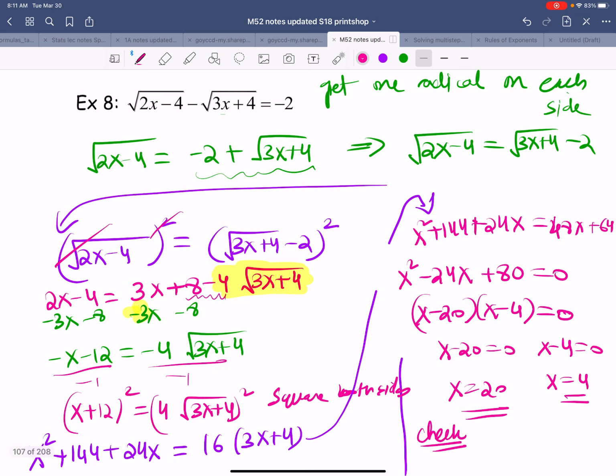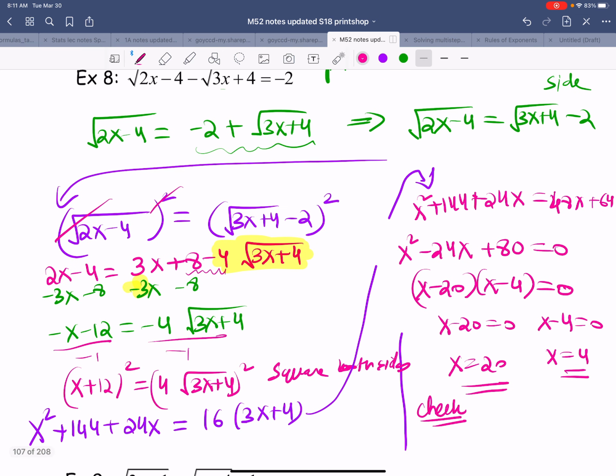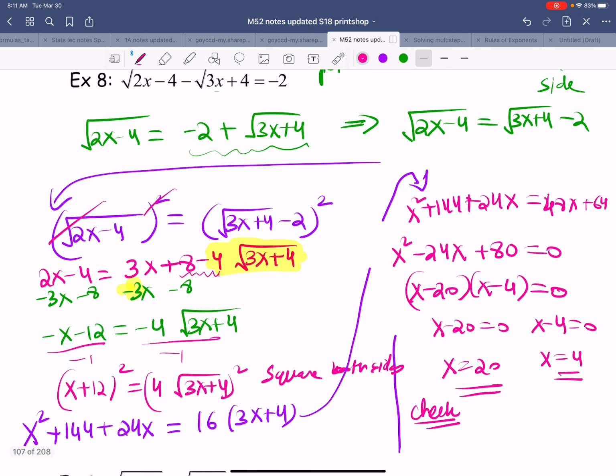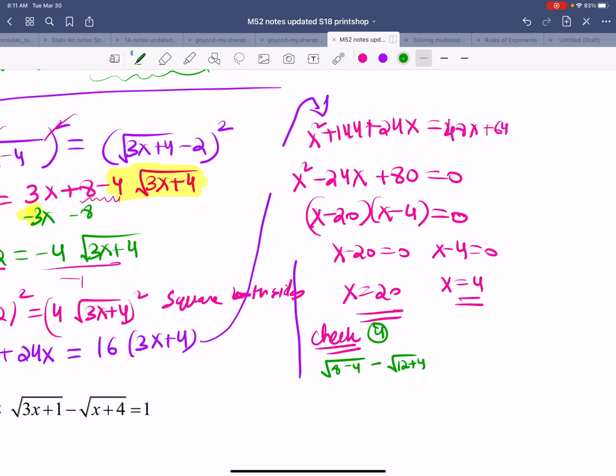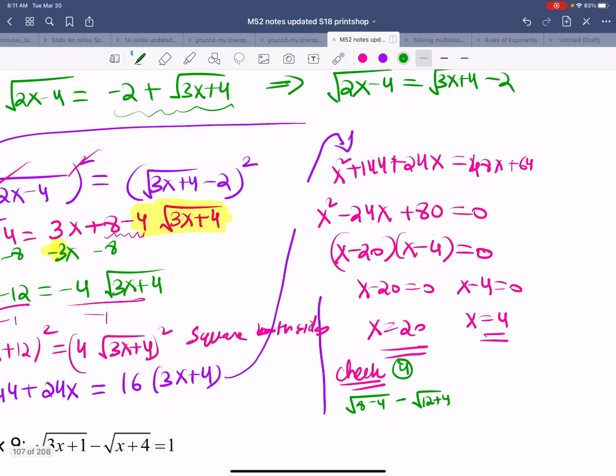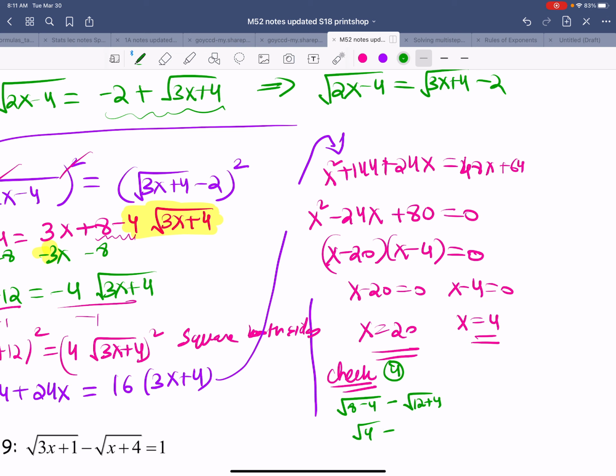So if I plug 4 in there, again, I'm going to have to plug into the original equation. So for the check work, I'm checking the solution 4 first of all. So the square root of 2 times 4 is 8. 8 minus 4 is 4, minus the square root of 3 times 4 is 12 plus 4 is 16.